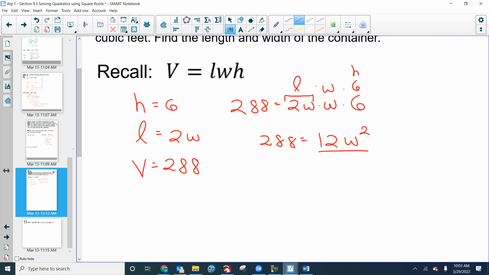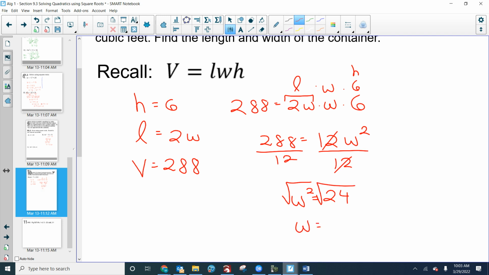Divide by 12. So W squared equals 24, since 12 times 2 is 24. Last step, take the square root.